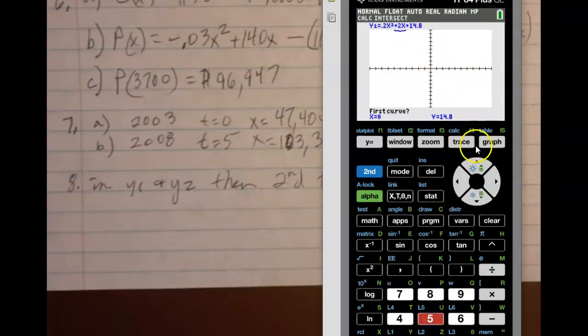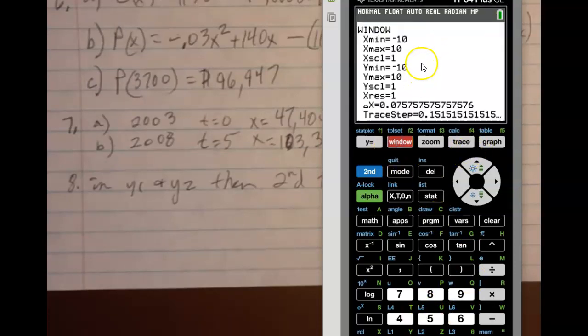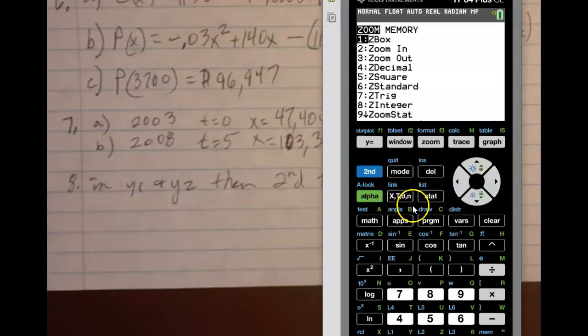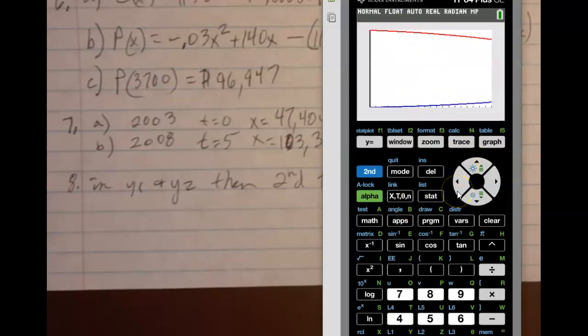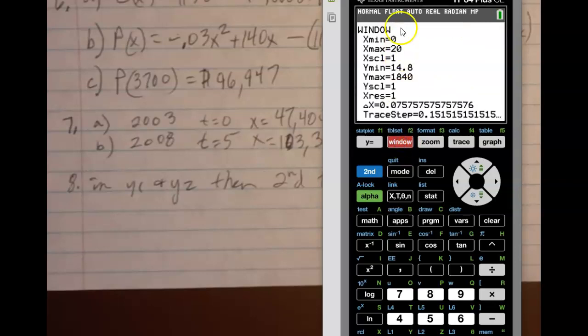And I can't really see the graph, so I know that I'm going to reset my window to maybe be 0 to 20, because I want my x values. And then if I do a zoom 0, and you could scroll down to see it says zoom fit, I can see I still don't have big enough x values there, so I'll need a larger x value.